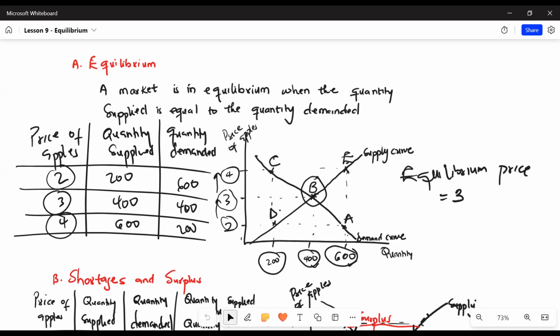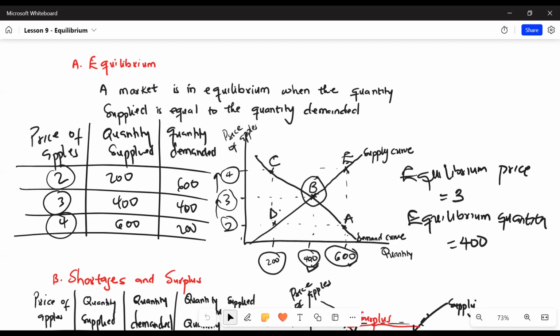Now the corresponding quantity at which supply is equal to demand is what we call the equilibrium quantity, and in this case that happens at 400. So at equilibrium, our equilibrium quantity is 400 apples.